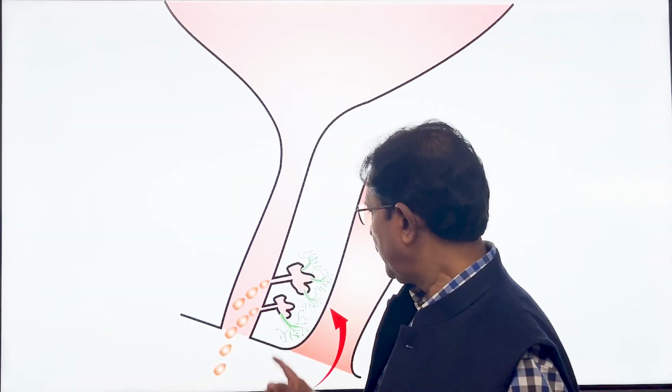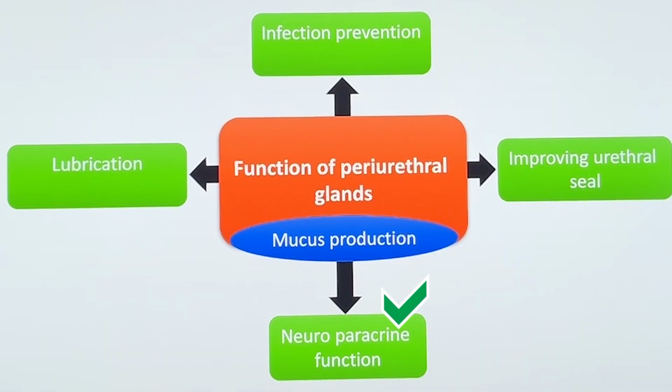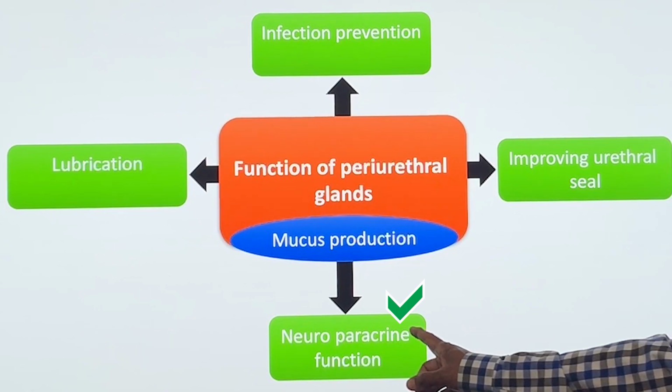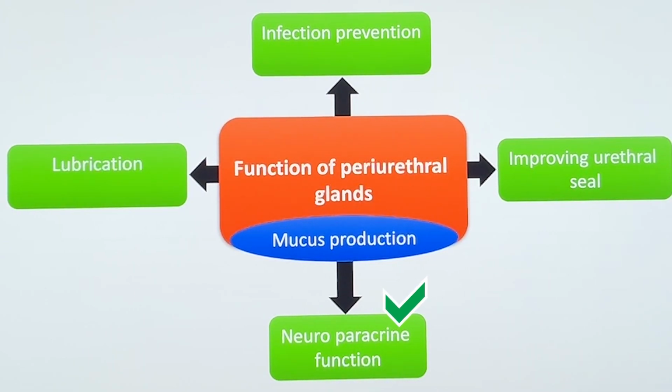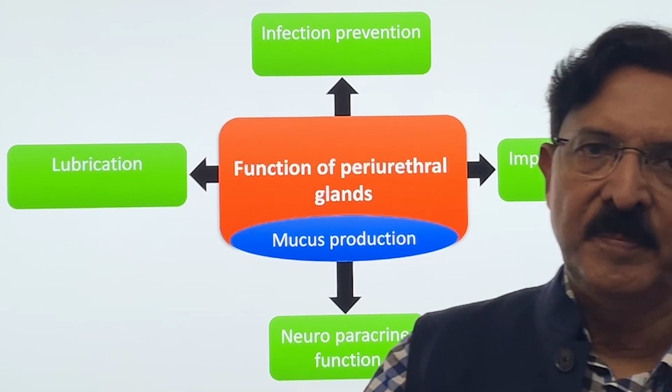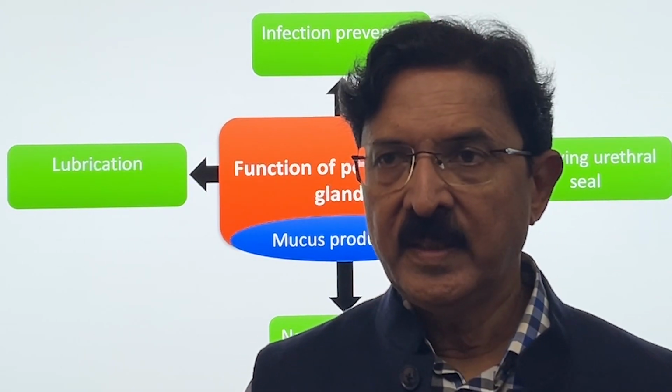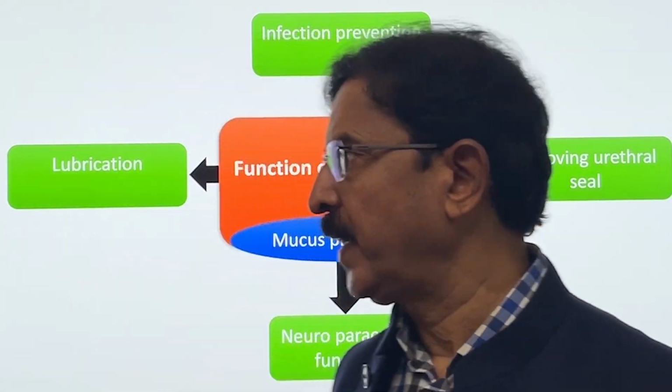To my mind, this is an additional mechanism of protecting the urethra from infection. Whatever pathogens enter the urethral lumen in the sexual activity are expelled out by this fluid. So today we add a fourth function to these glands, which is a neuro-paracrine function, whereby they can produce this fluid, the exact purpose of which is not known today.